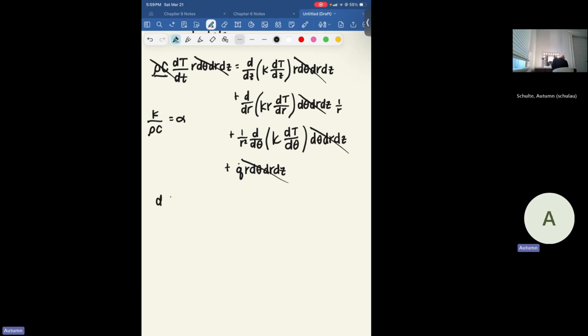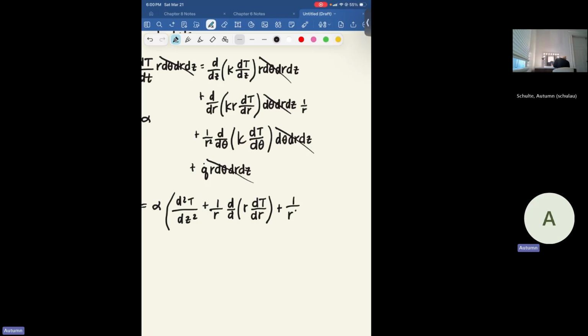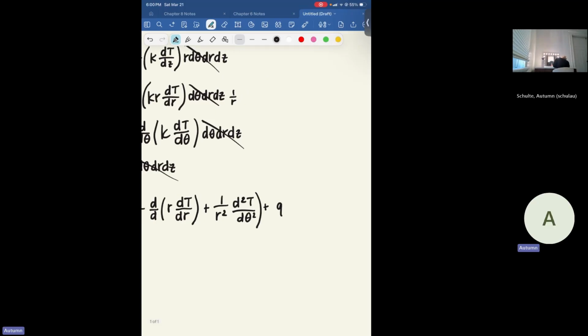So simplifying this, we're going to have the derivative of our temperature with respect to time is equal to our alpha, our thermal diffusivity, multiplied by the second derivative of temperature with respect to our z position, plus 1 over r times our differential of r times the change in temperature with respect to r, plus 1 over r squared times the second derivative of temperature with respect to our angular direction θ, plus our energy generation term Q dot divided by our density and our heat capacity.